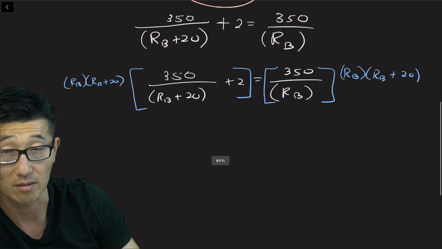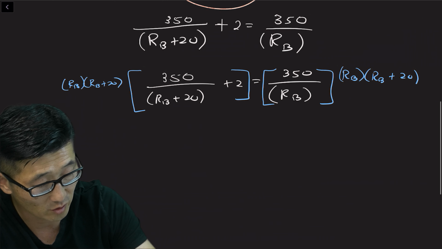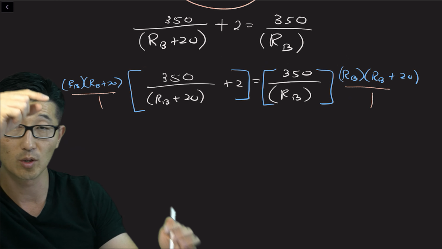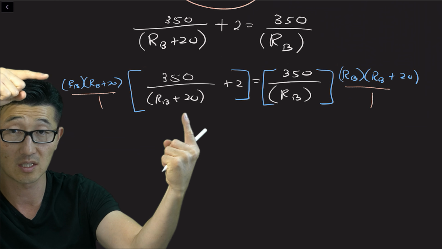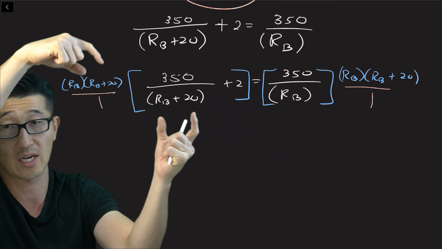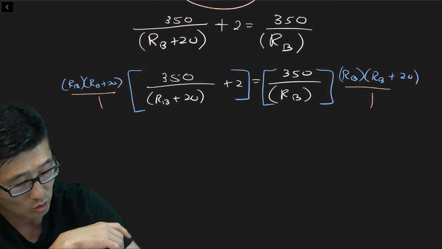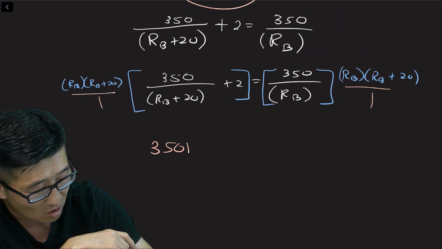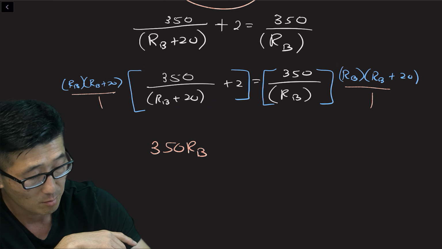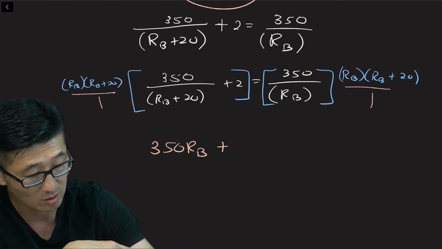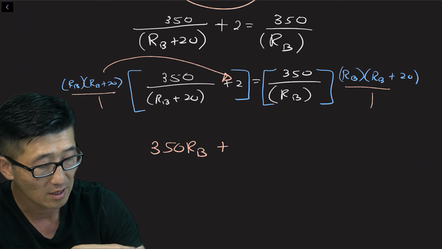20. All right. So again, if you didn't realize, this is basically a fraction, all of that over 1. If you multiply this to this, RB plus 20 cancels out, and you're left with RB, and so you multiply that to 350, so you'll get 350 RB. Plus, you're going to multiply this to number 2, you're going to distribute all of that, and you have to write the whole thing out.